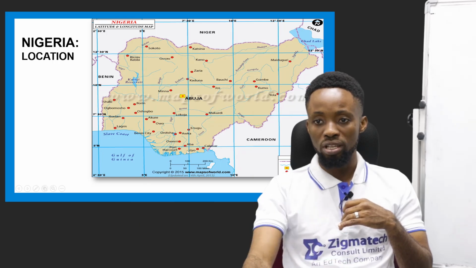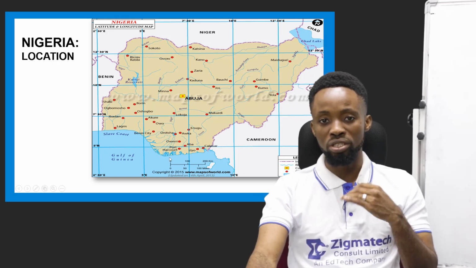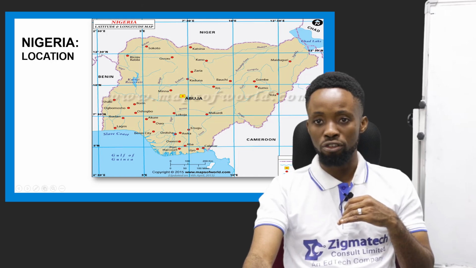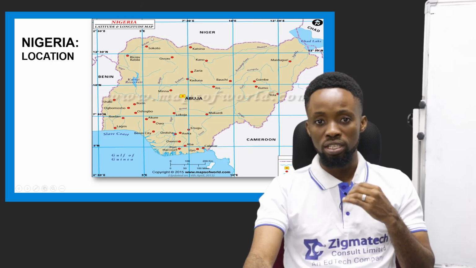This horizontal line here is 5 degrees north, and if you look below, down to where you have Port Harcourt and the Niger Delta, you realize that it's just 1 degree apart. So this point here is 4 degrees north, and if you go to the extreme north of Nigeria, we have 14. That is from 12 degrees 30 minutes north up to this point, which should be 14 degrees.